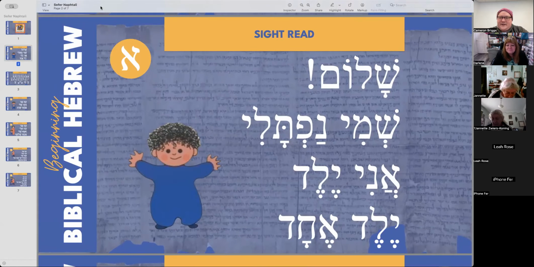I'll read the first page and then I'll ask for volunteers to read subsequent pages if you'd like to. No pressure. Shalom. Shmi Naftali. Ani Yeled. Yeled Echad.